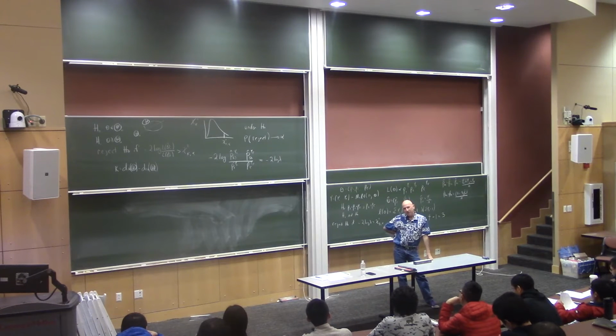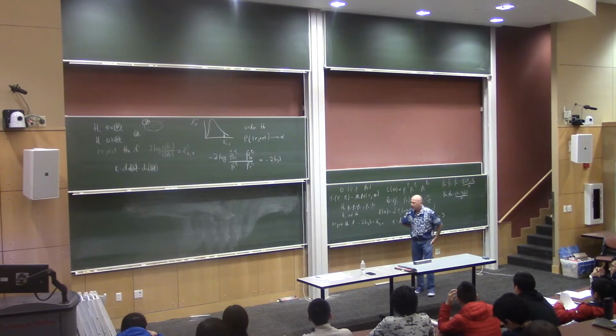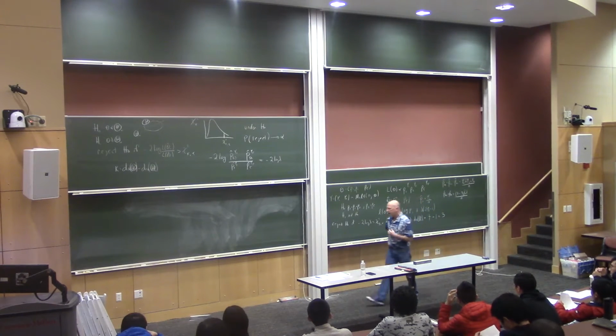But in practice, people often don't want to pick a specific level ahead of time. So they're looking for a way to summarize the test without having to just choose a specific value of alpha.